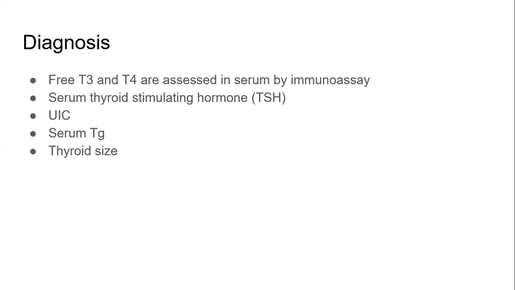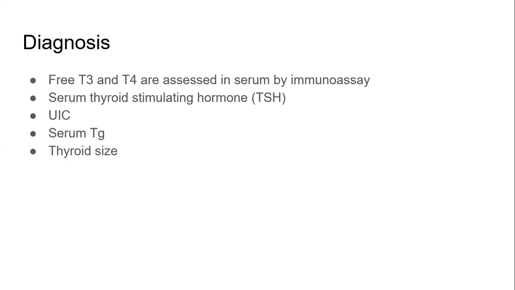So diagnosis, how do you diagnose? How do you know whether there is deficiency in iodine in the system? By checking the thyroid hormones, the T3 and T4, using maybe immunoassay. Of course, if the iodine is deficient, these hormones will be very low in the system.